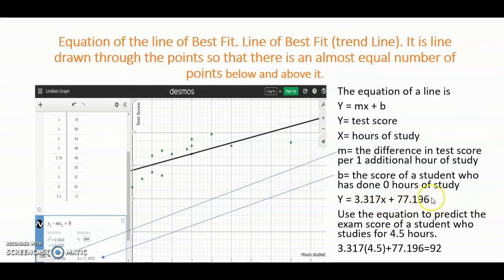So how can we use this equation to predict the test score of a student who studies for 4.5 hours? Well, all that we need to do is substitute 4.5 for x and then solve it. And in doing that, we get 92%, which means a student who studies for 4.5 hours will obtain 92% on their exam. How cool is that?